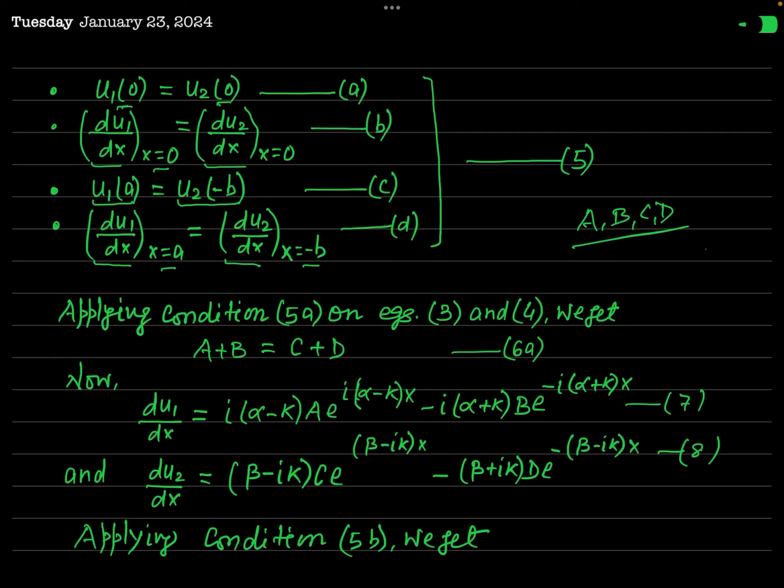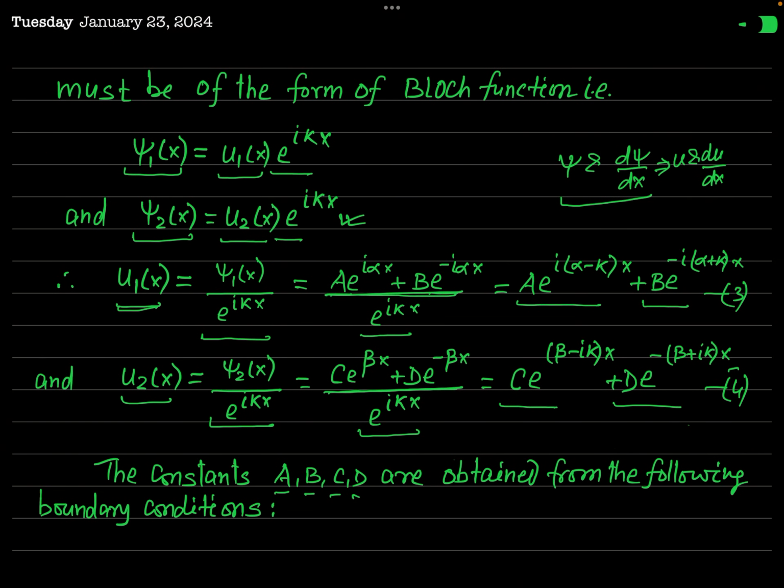Now let us apply the first boundary condition 5A, which says that u1 is equal to u2 at the boundary x equal to 0. This condition we will now apply on equations 3 and 4. This is your equation 3 and this is your equation 4. According to that boundary condition, u1 of x and u2 of x will be equal if x is equal to 0. Let us find the value of u1 at x equal to 0.